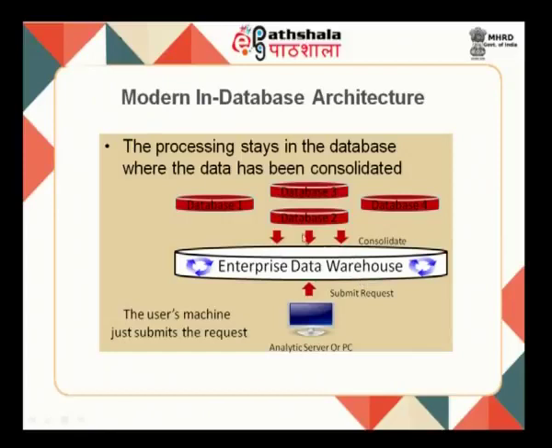We pull all this data, which may be relevant or irrelevant for the given analysis. So, we need to do some level of pre-processing over the data, get the quality data, consolidate it, and then place it into the enterprise wide data warehouse.